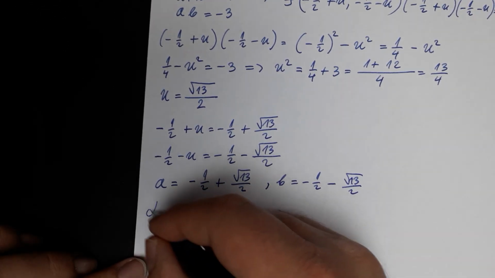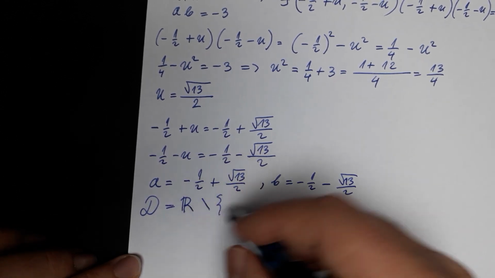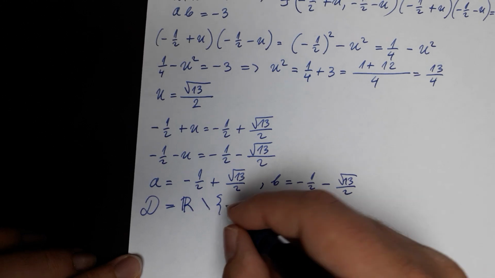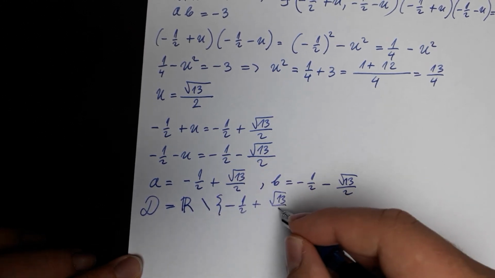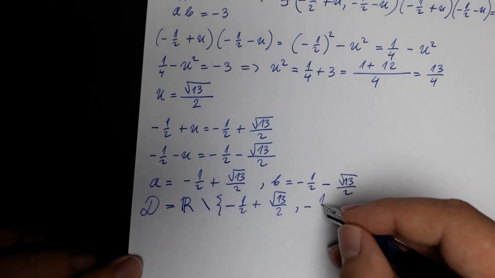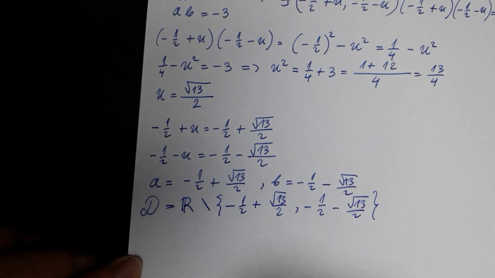So this integral is defined for all real numbers x, excluding a and b, that is minus 1/2 plus a square root of 13 over 2 and minus 1/2 minus a square root of 13 over 2.